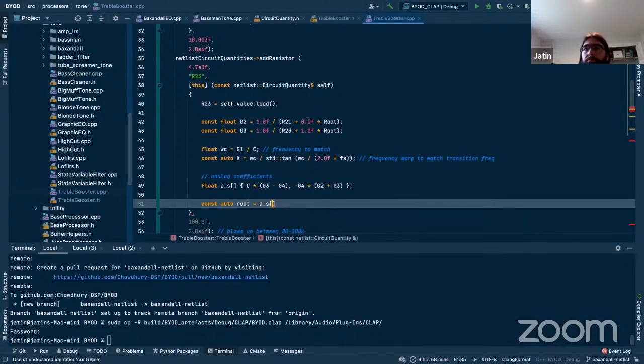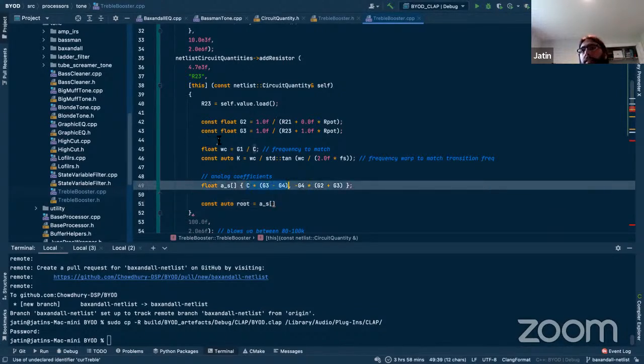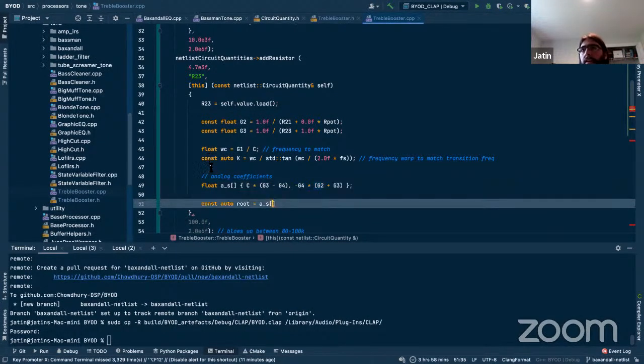So basically what we've got here is this times S minus that equals 0, and that's our root. So the root is going to equal AS of 1 over AS 0. And there's a negative sign in there, if I'm remembering right. Yeah, okay.